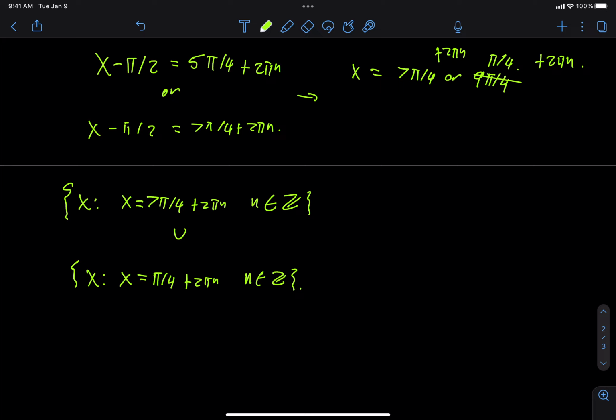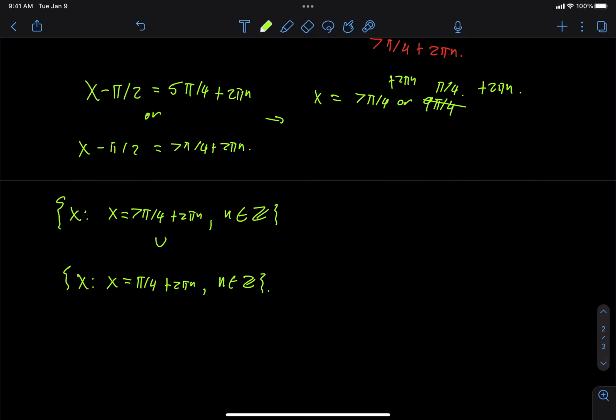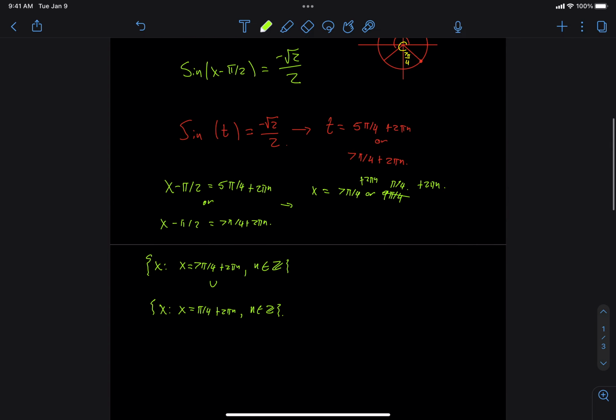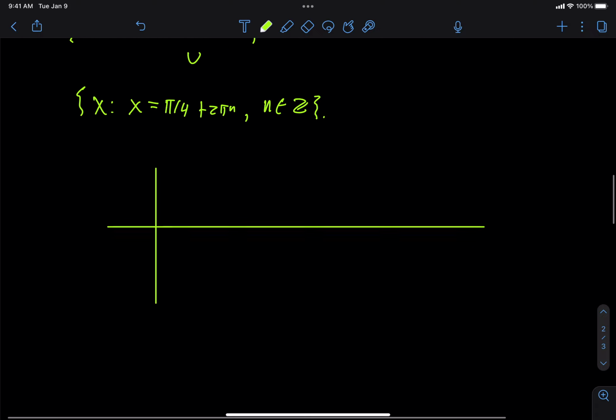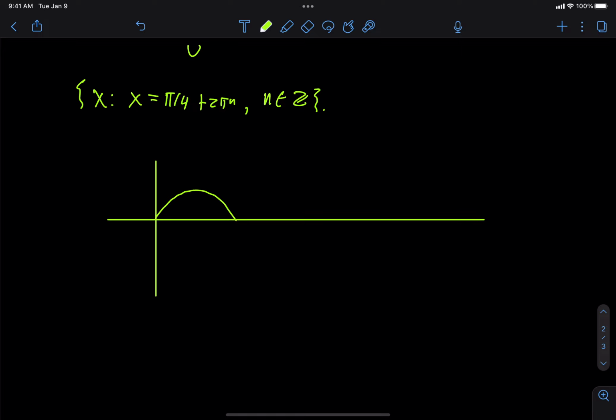So let me show you what is going on here. Let me show you what is going on here by drawing a graph. So what does the graph of sine look like? It looks like this, yes?